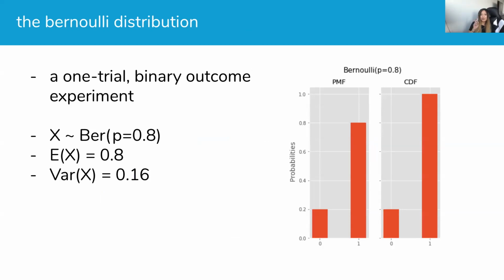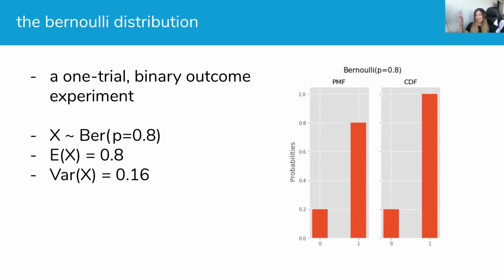All right, we're going to move on to our first distribution, which is a Bernoulli distribution. A Bernoulli distribution is basically a one-trial binary outcome experiment. Examples are flipping a coin, because you can either get heads or tails, 2 outcomes, and you're flipping a coin one time.